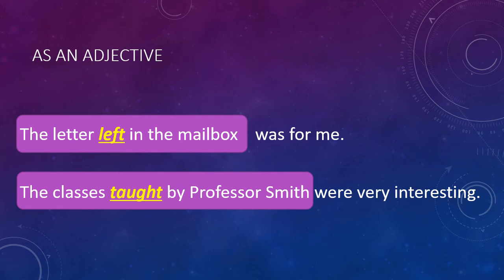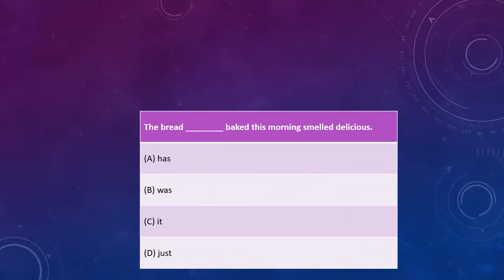So what is the difference between the present participle and past participle? If you see the examples of the present participles, the noun that is being modified by the present participle is an active noun.